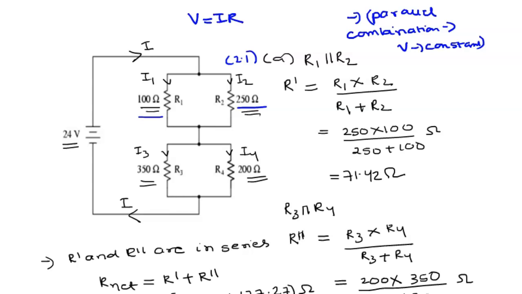The total current that flows through this entire circuit will be equal to I, because I1 plus I2 is equal to I, and here R dash is the net resistance of R1 and R2 connected in parallel. So we can find the total applied potential difference across this entire circuit, and this will be the potential across each of the resistances.